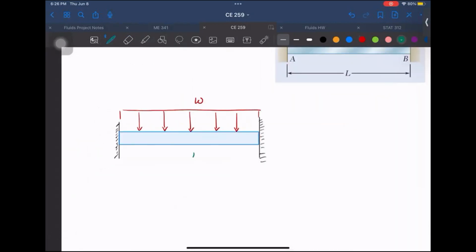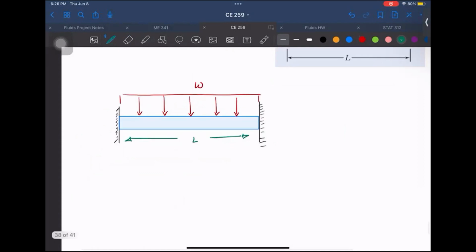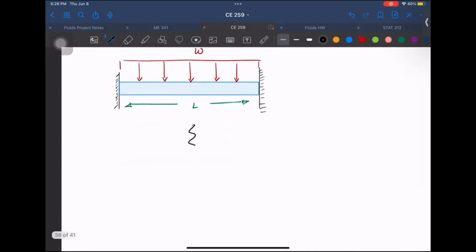Due to the symmetry of the problem, there's a couple things that you can figure out right off the bat.